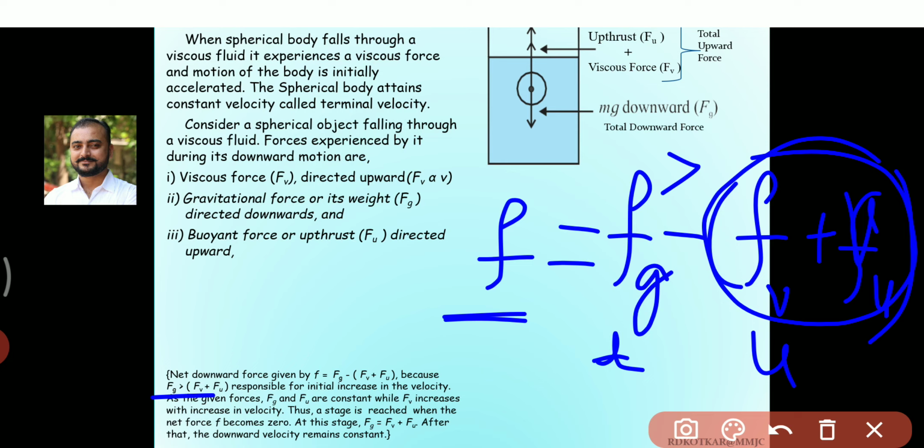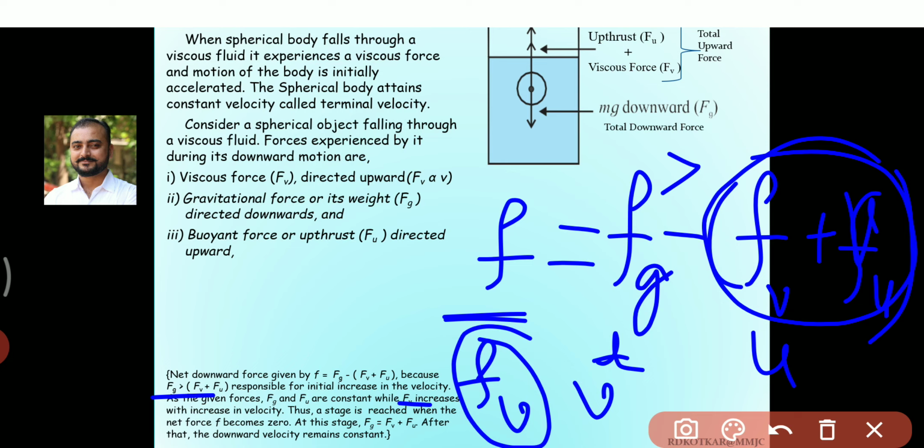But Fg and Fu, the gravitational force and the upthrust force, are both constant. As the velocity increases, Fv increases, because as the velocity increases the force opposing the motion increases. That is, the viscous force increases.